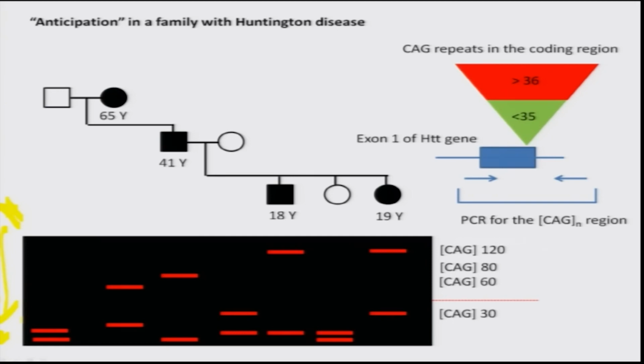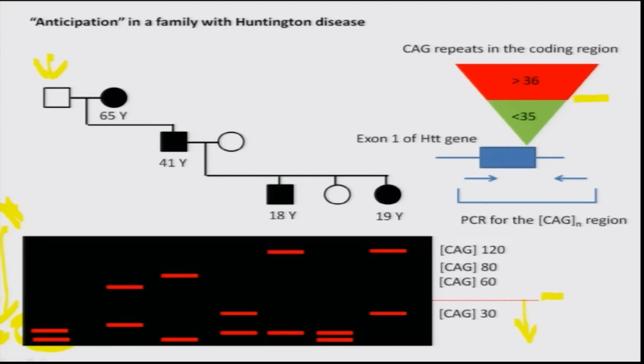I see that this individual who is asymptomatic has two bands representing two alleles, one that he got from his father, the other from his mother, both of them below 35. This red line shows the danger zone. If the repeat number is more than 35, you are going to have the disease.